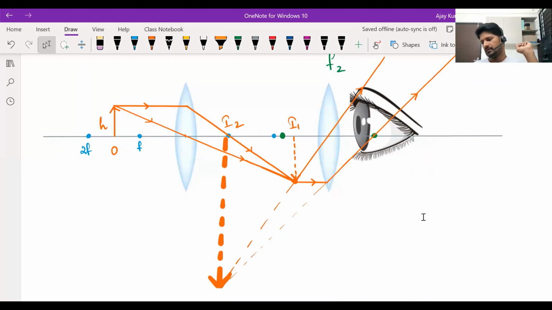Now, what we look for in a microscope is magnification, angular magnification. And what is angular magnification? The final angle subtended by the image on the eye when seen through the instrument divided by the angle subtended by the object on the eye when seen directly.